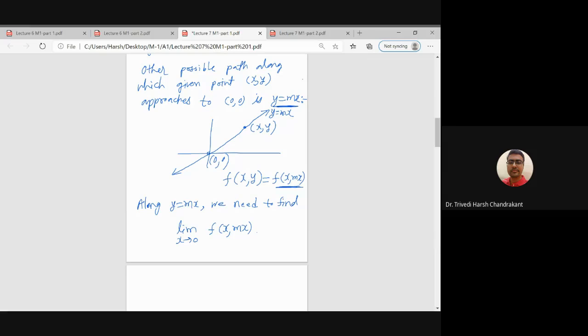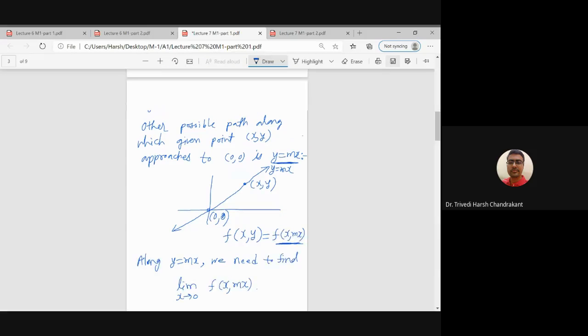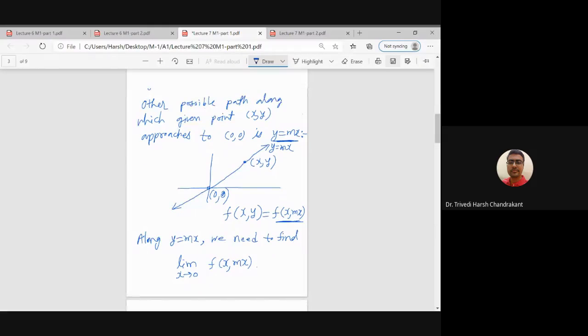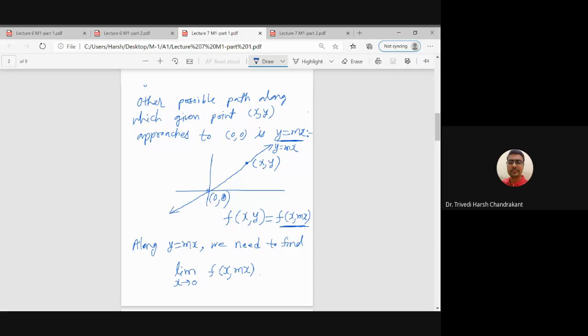Like in one variable, there are two paths we are taking, left limit and right limit. And we know that if the left limit and right limit of a function of one variable are not the same, then the limit does not exist.